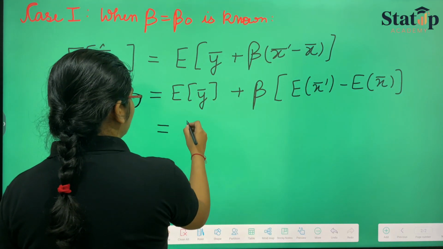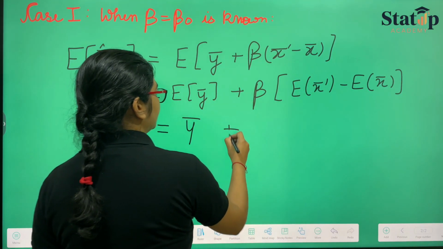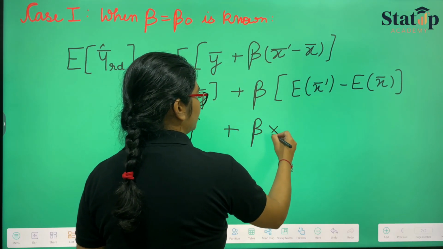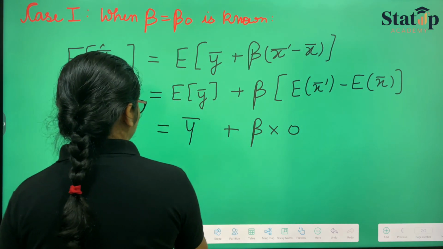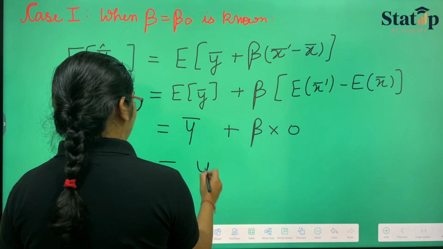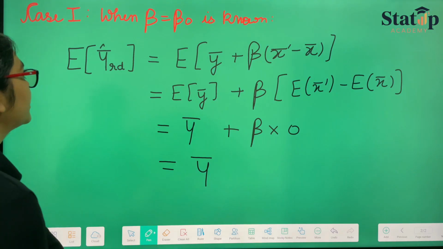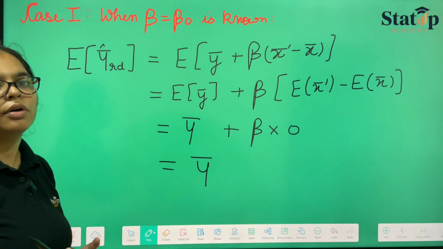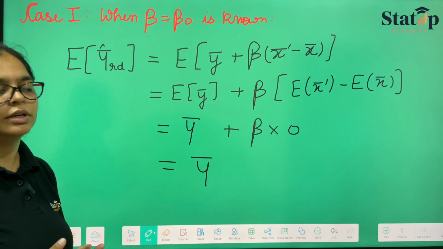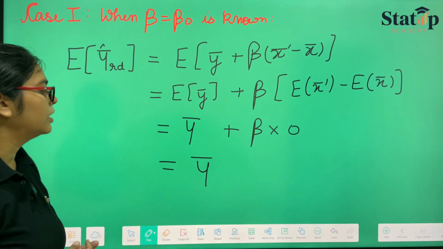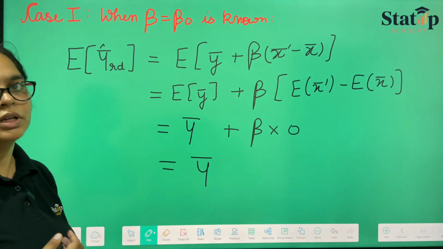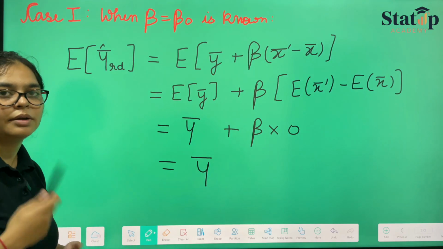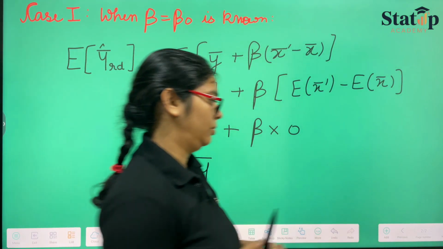This will be capital Y bar plus beta into 0, because capital X bar minus capital X bar is 0. So the expectation of the regression estimator in double sampling is the population mean. Hence, it is an unbiased estimator of the population mean.